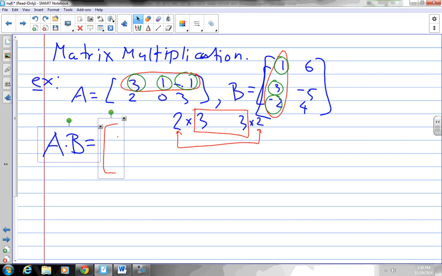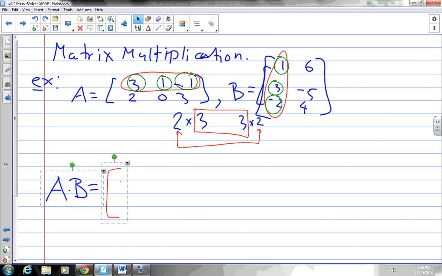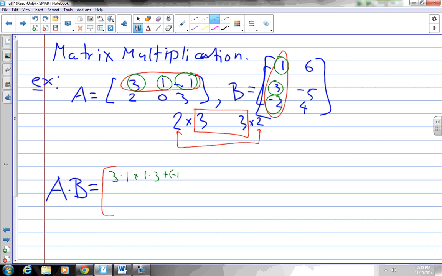It's kind of a weird operation, but what will happen here is 3 times 1 plus 1 times 3, and then plus -1 times -2. That is just the first entry in the product matrix. I'm just multiplying each number like that. Bam, bam, bam.